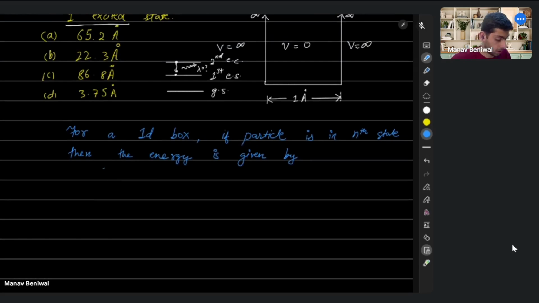What is the energy? Energy En is n squared h squared over 8ma squared.